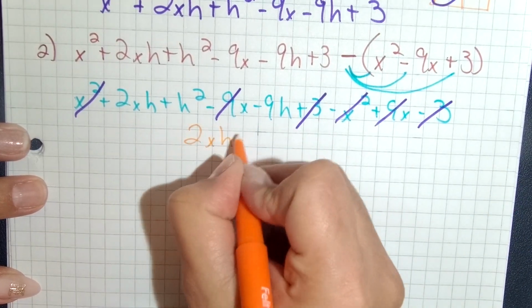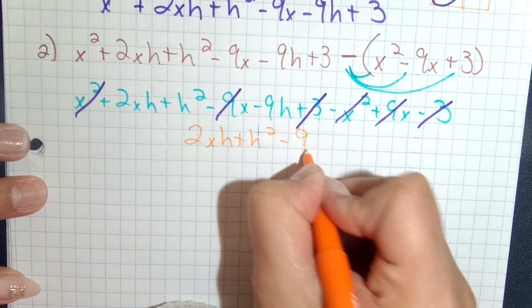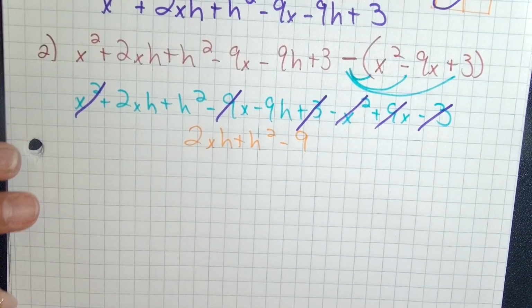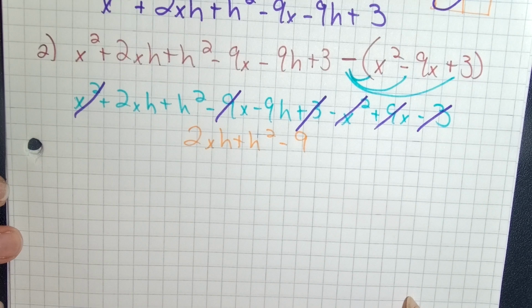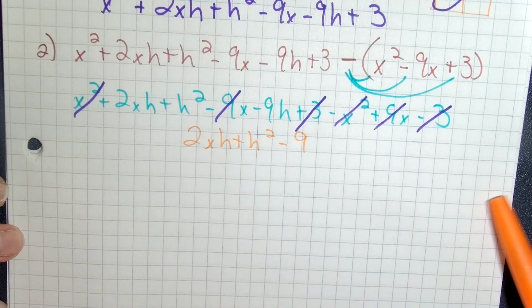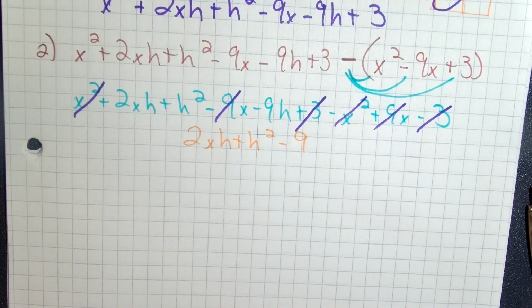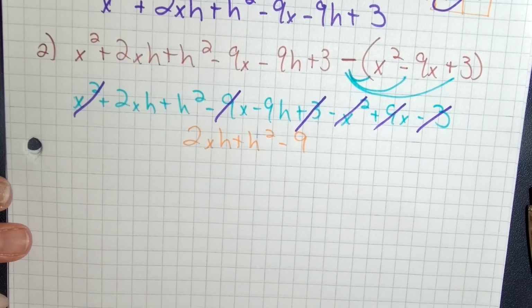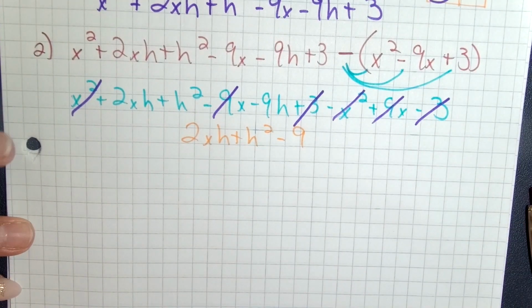So I have 2xh plus h squared minus 9. Oh, that should be 9h. My bad.